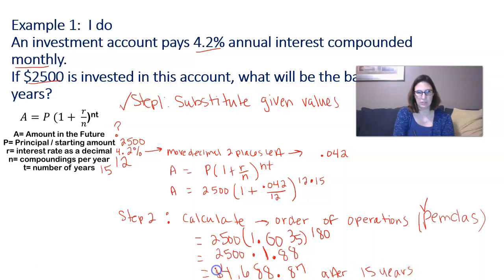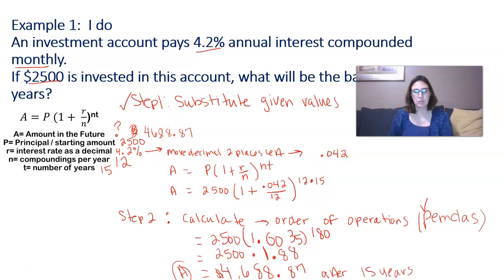So you started with $2,500, and you're going to end up in this particular case with $4,688.87. And this is your amount in the future. And that's what you were trying to figure out, $4,688.87. That's your amount in the future.